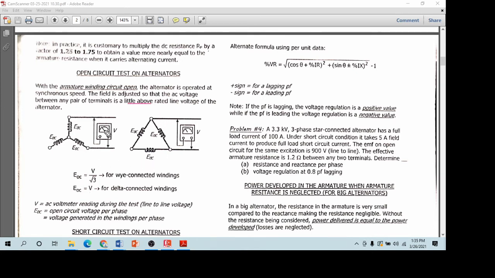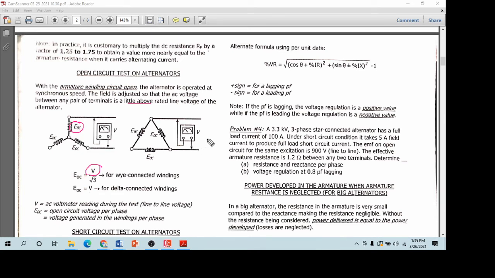So in this Y configuration, you will have an open circuit voltage equal to V divided by the square root of 3, where V is the voltmeter reading.